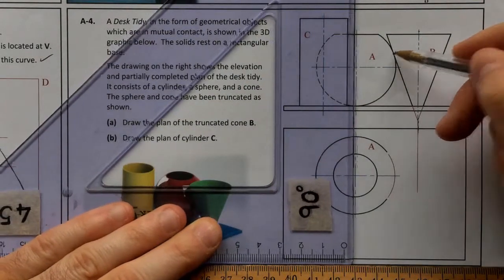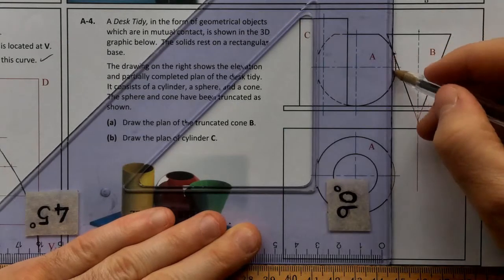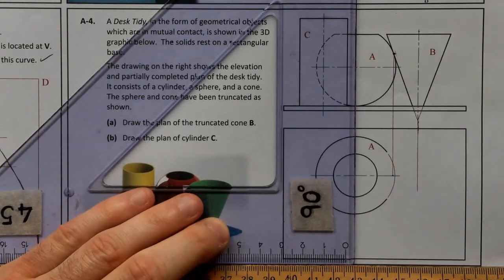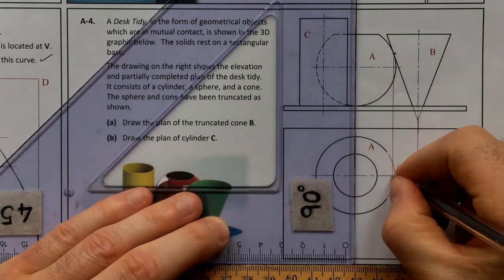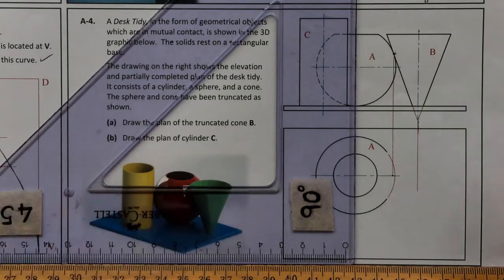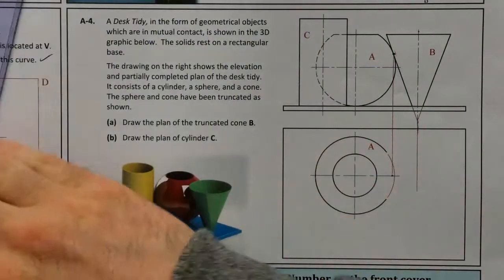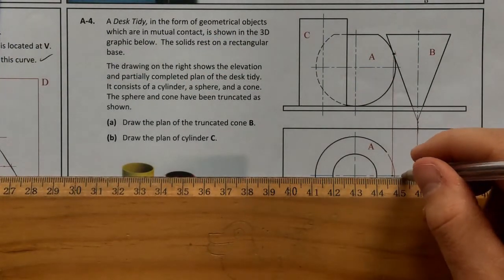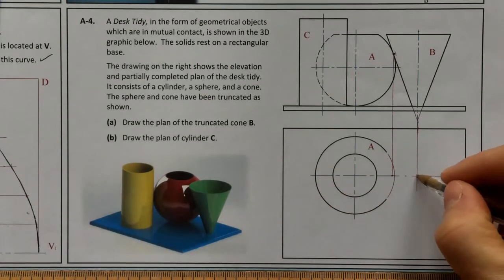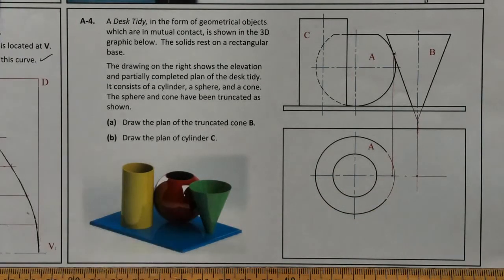They've shown us where the point of contact is. If I find that down here, that technically is where the point of contact is, right there. And where the point of contact is, somewhere has to be the center. So if I extend out this axis line like that, that is the center of my truncated cone B.